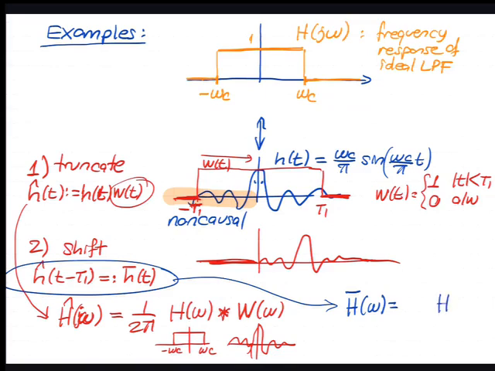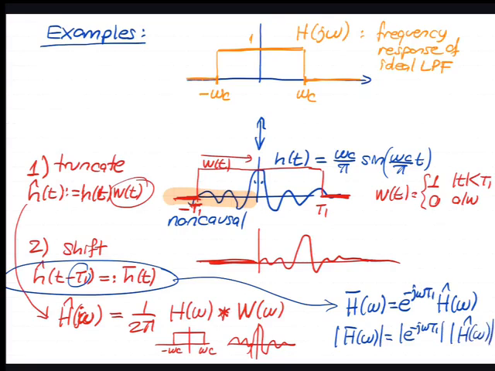You retain the original h hat of omega in this case, but it gets multiplied by e to the negative j omega, the amount of shift, which is T1, right? So the good news is, if you're only interested in the magnitude of h bar, that is the magnitude of e to the negative j omega T1 times the magnitude of h hat of omega, and the magnitude of e to the negative j omega T1 here is 1. So that means the magnitude looks the same.